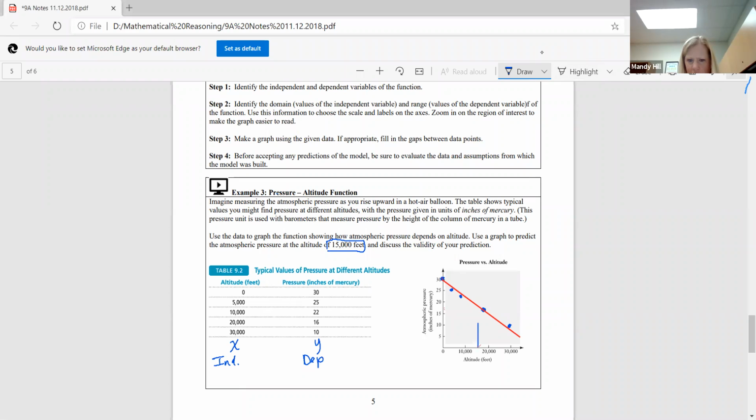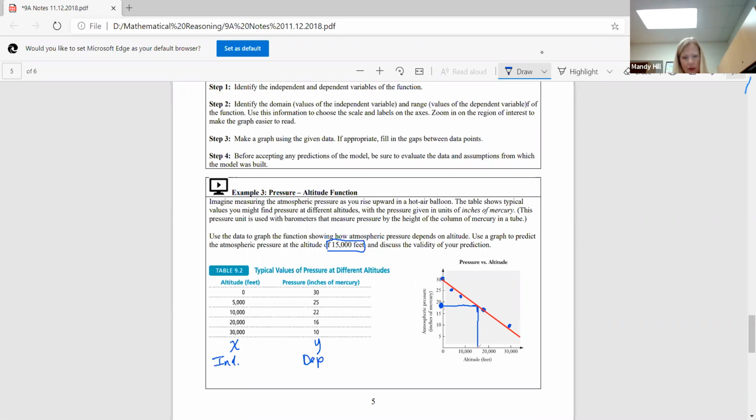If I go up to 15,000 and then I go over, okay, that's going to give me a value. It looks like it's between 15 and 20. Okay, it looks like it might be a little bit closer to 20. Now, I know I didn't draw my line perfectly straight.